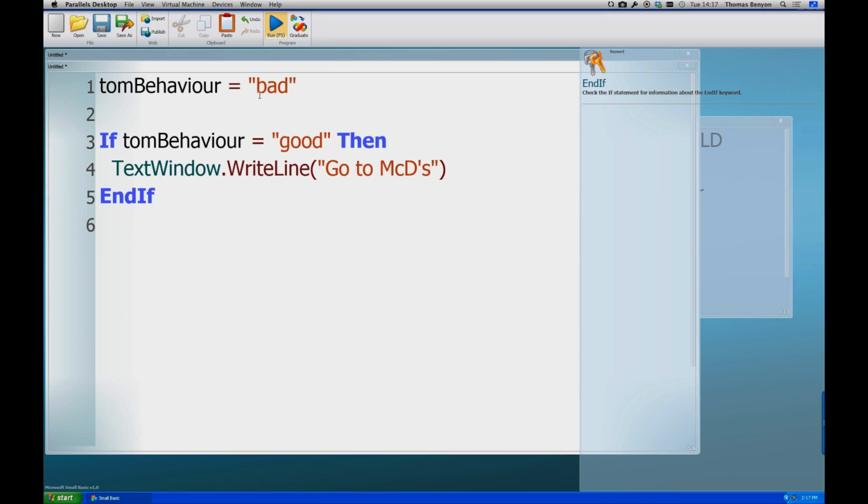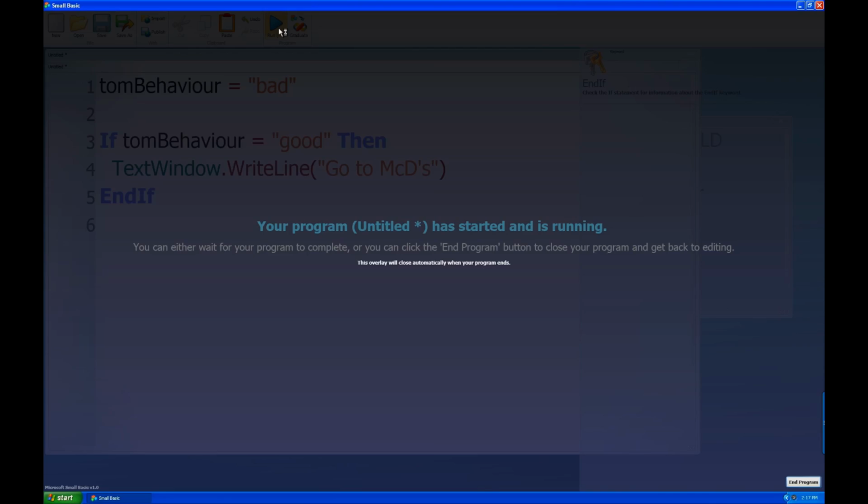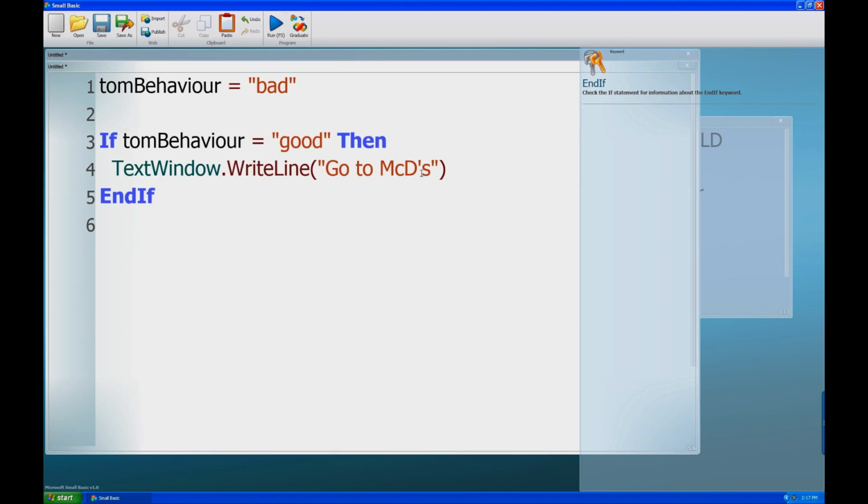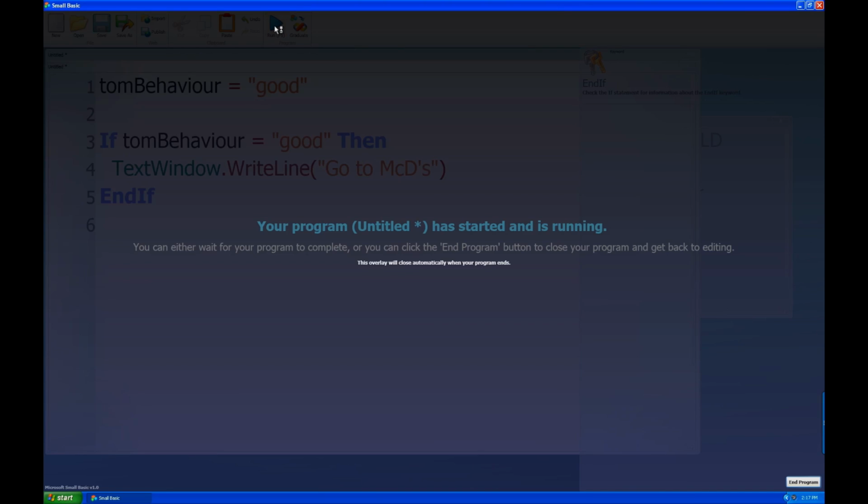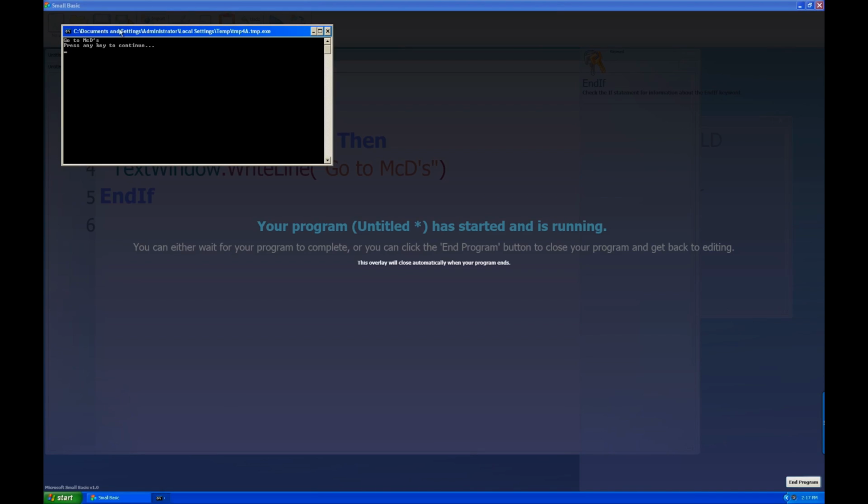And if we run that, because my behaviour is bad, we didn't meet this condition. And thus, it never wrote to the text window, go to McDonald's. So I would like to display that message, so of course I could switch Tom's behaviour to be good. And sure enough, it now says go to McDonald's.